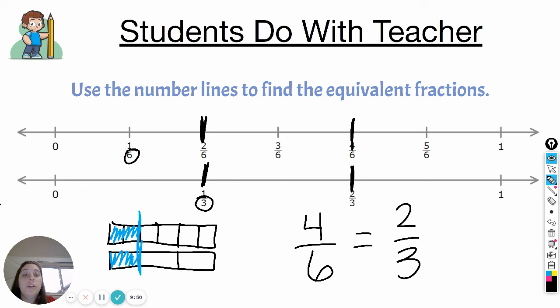So there were two different sets of equivalent fractions on this one. On our fraction strips, that would be 4/6 being equal to 2/3. Okay, so there were 2 correct answers on that one.